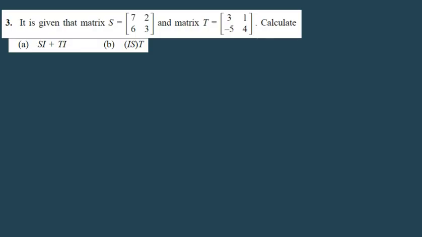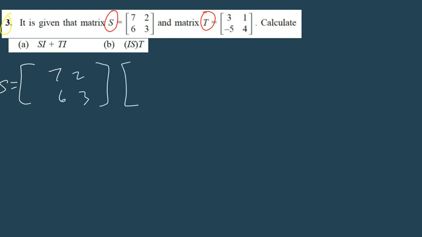So class, we look at example 3. Given that matrix S is this one, and matrix T. Calculate S times the identity matrix plus T times the identity matrix. So you know your S, this one, 7 2 6 3.